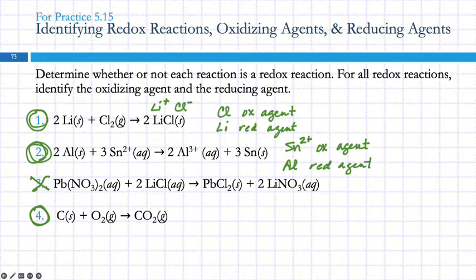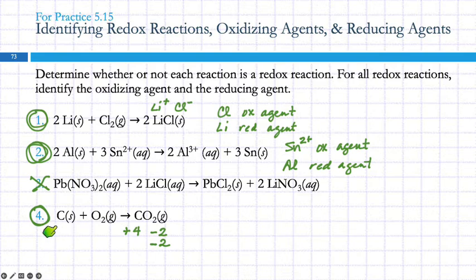Okay, this one down here, we need to use oxidation states because we have two nonmetals. So oxygen gets to choose, and oxygen chooses -2. There's 2 of them. Carbon has to be +4.